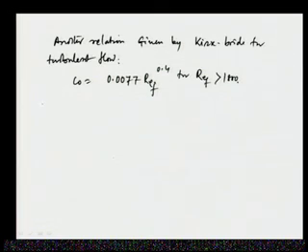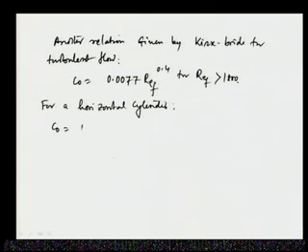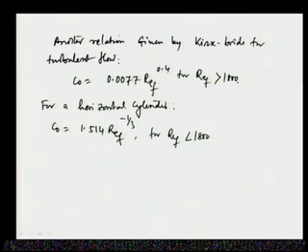And for laminar flow, or for a horizontal cylinder, the condensation number is given as 1.514 ReF to the power minus 1/3, for ReF less than 1800.